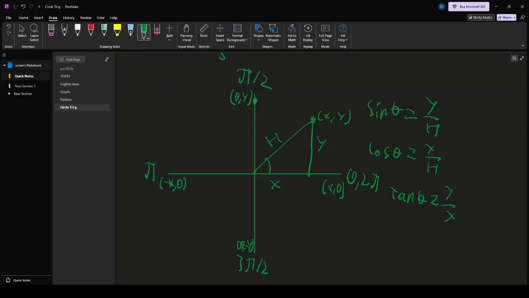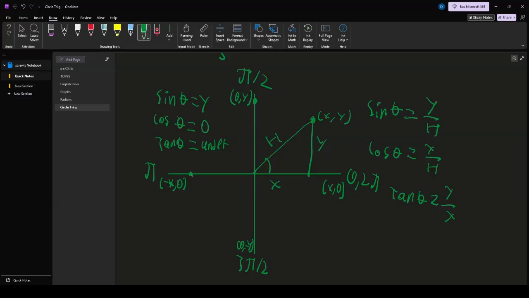So anyway, if your point is on the y-axis, your primary ratios will go as follows. Sine theta equals y, cos theta equals 0, and then tan theta equals undefined, because y over 0, well, if you divide anything by 0, that's not possible.